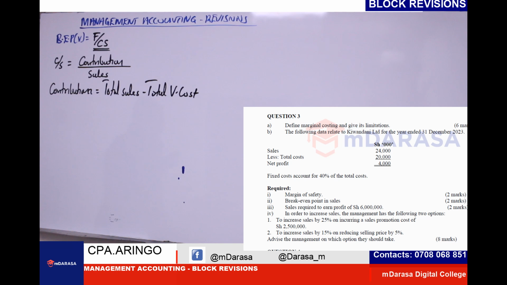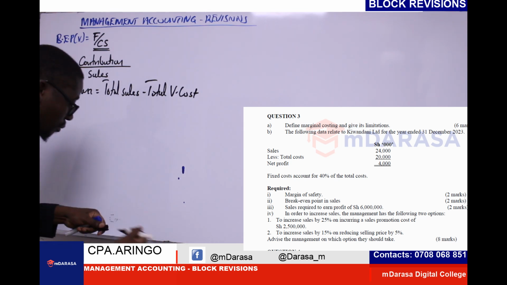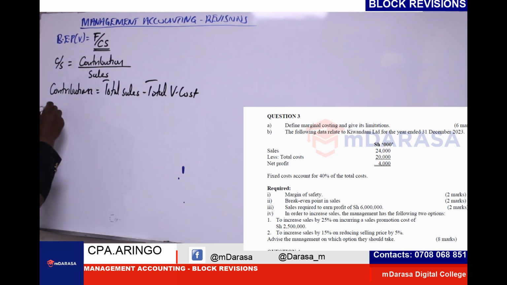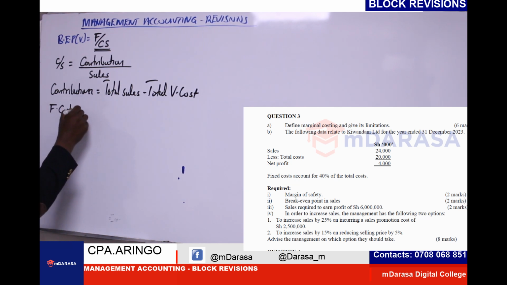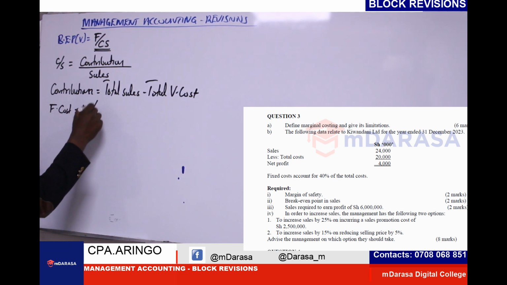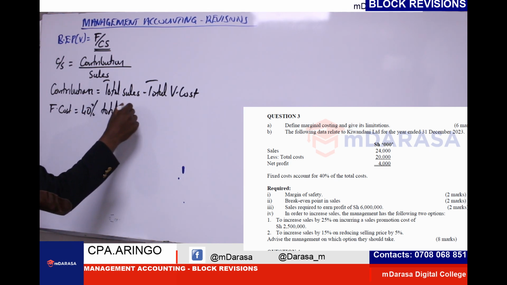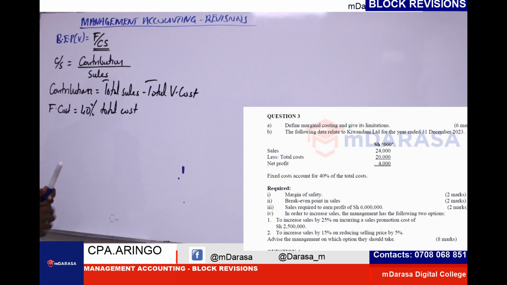So we can all agree that we have our fixed cost accounting for 40% of our total cost.